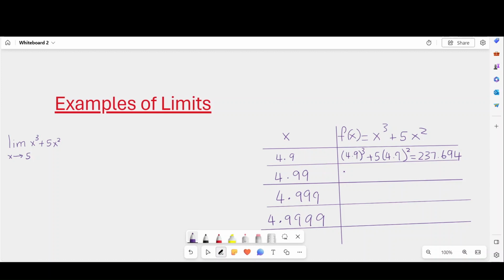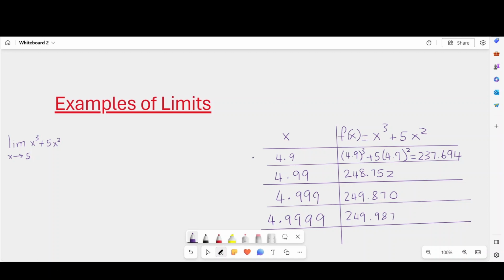For 4.99, the function value is 248.752. For 4.999, the function value is 249.870. For 4.9999, the function value is 249.987.